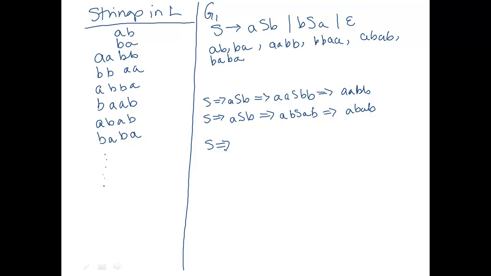If I want to make ABBA, I need a rule that has A as the first symbol and A as the last symbol, and I don't have a rule like that. So I claim I can't make that one.